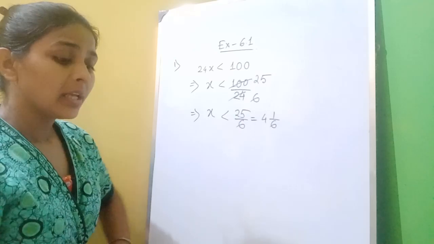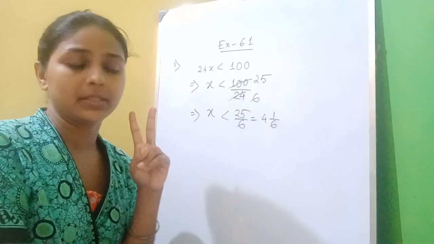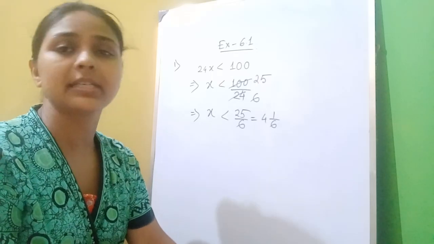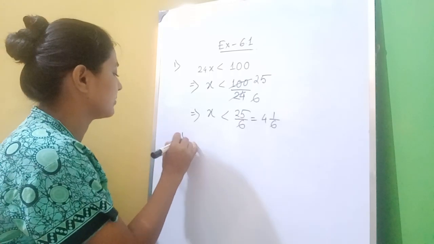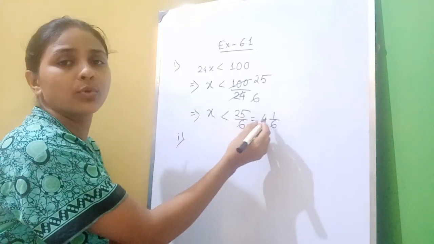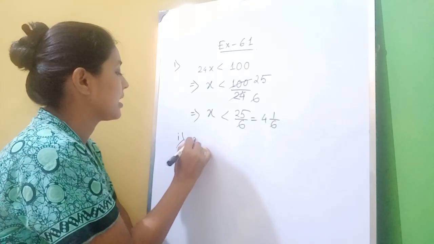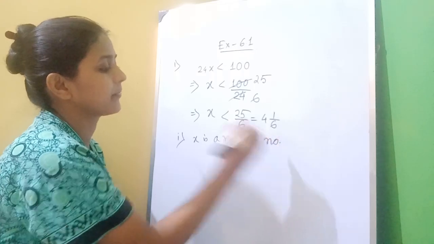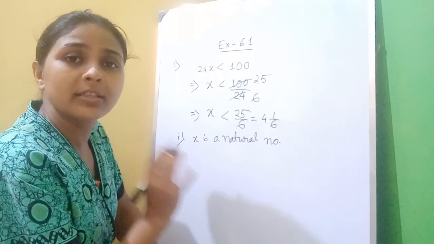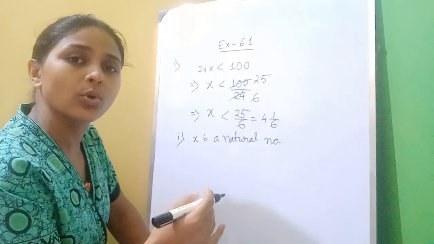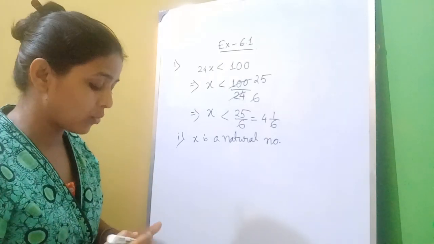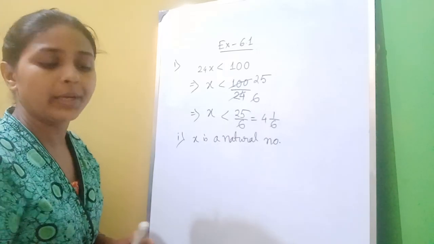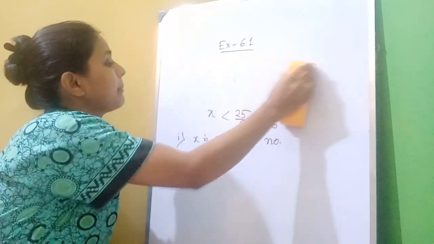The question is of two types: when x is a natural number and when x is an integer. So number 1, x less than 4 whole 1 by 6. Now x is a natural number. For this, whether it is told in the question or not, what you will do for sure is draw a number line.